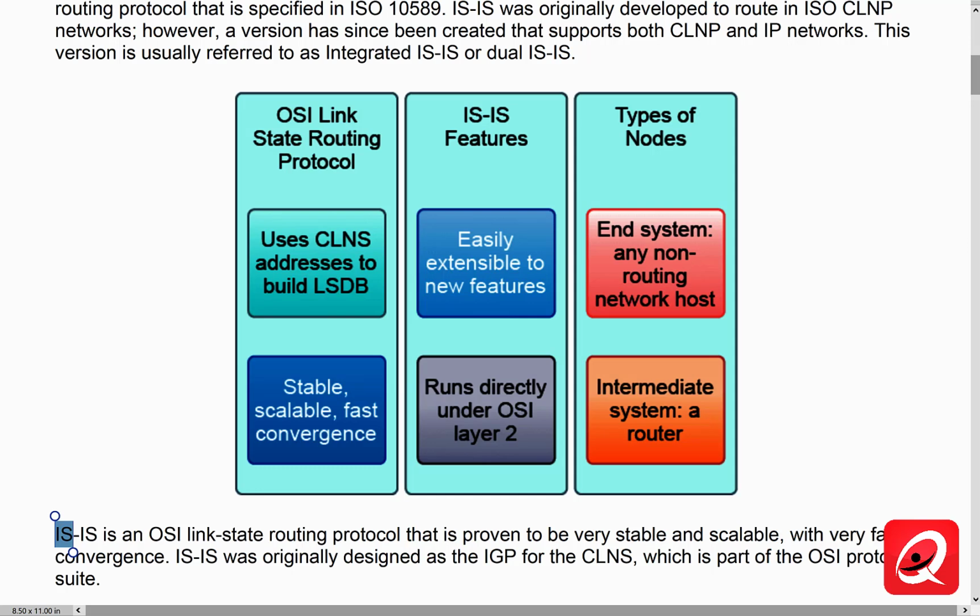And then we have an ES, which is an end system, and that would have ended up being our hosts in the enterprise. OSPF was developed originally by the IETF, the Internet Engineering Task Force. ISIS was originally developed by DEC, the Digital Electronic Corporation, for CLNS, not IP, and that's why it's called intermediate system to intermediate system.